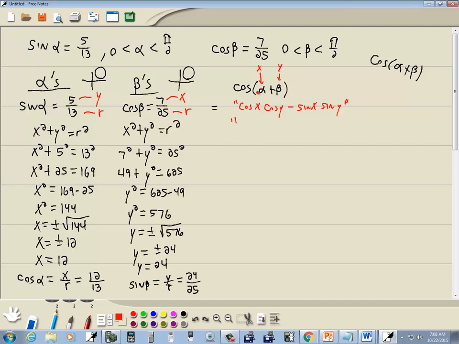Except ours is alpha and beta, which means wherever I have an x, I'm going to put in my alpha. So this is cosine alpha. Wherever I have y, I'll put in beta. Cosine beta minus sine alpha sine beta.